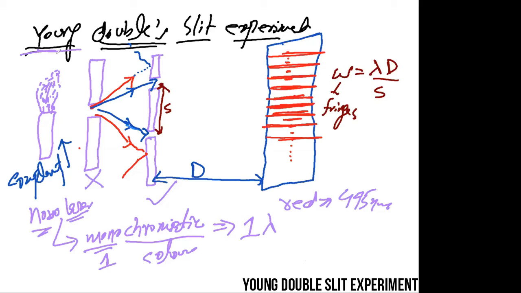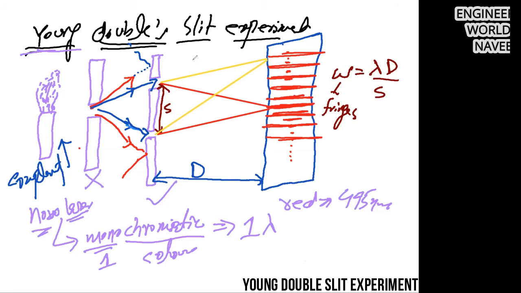At the center you will get bright light. Why? Because light coming from this slit covers an equal distance as light coming from this slit. Now you will also get bright light over here, because the light coming from here and this distance, line 1, is not equal to line 2.